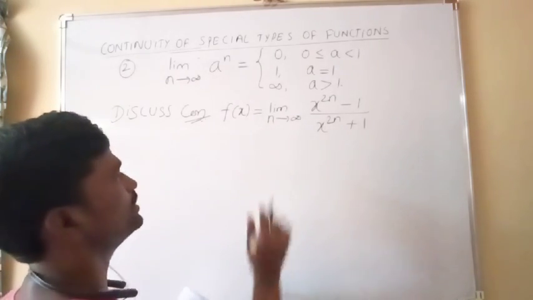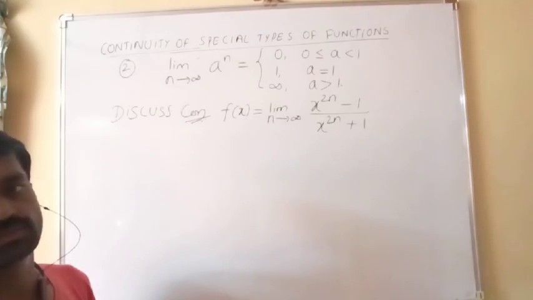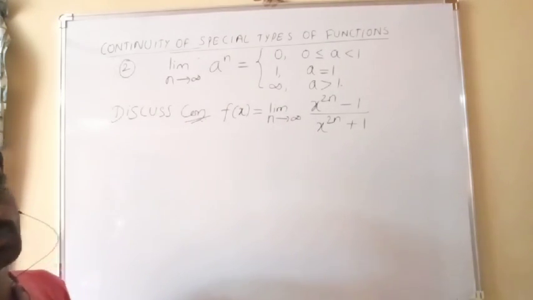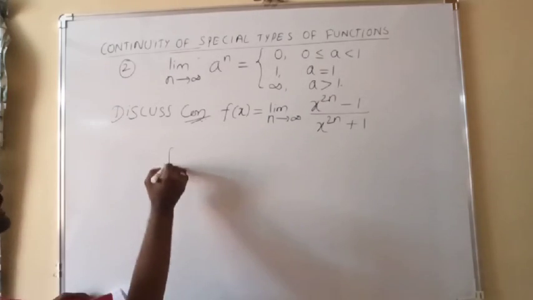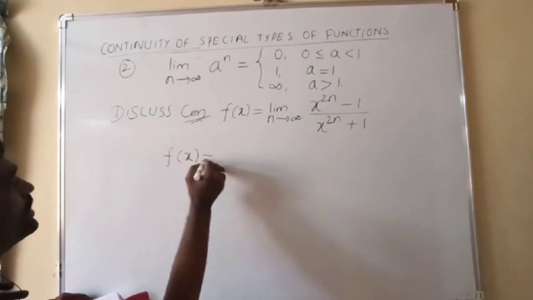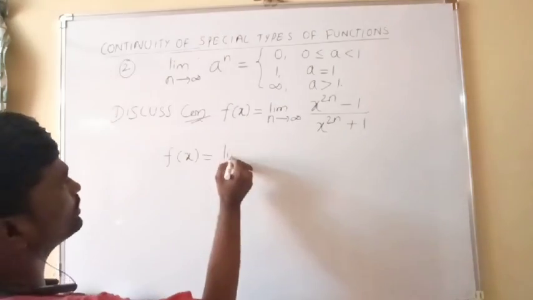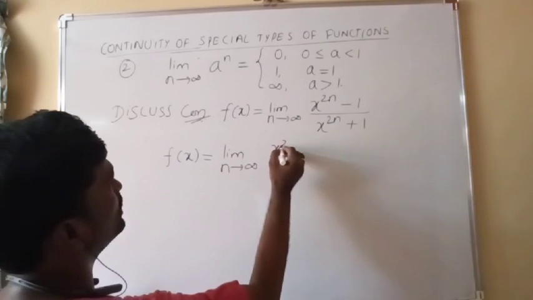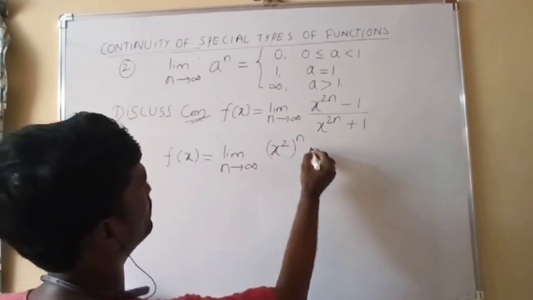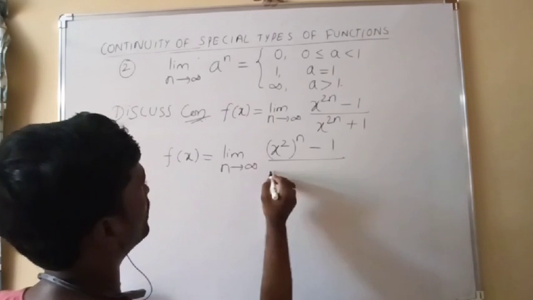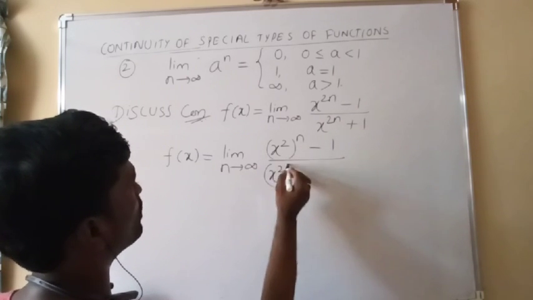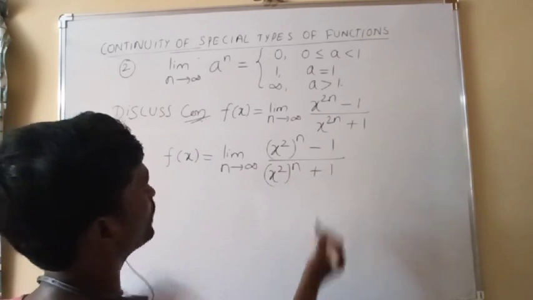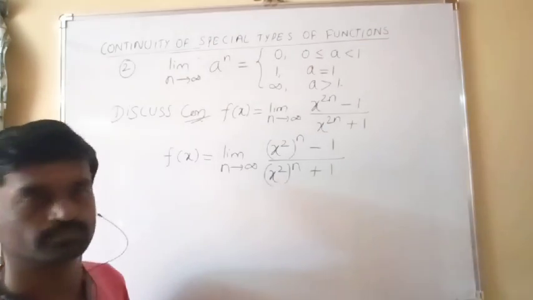In this definition of f of x, x power 2n is given, so I am adjusting that x power 2n as (x square) whole power n, minus 1, divided by the denominator x power 2n, also (x square) whole power n, plus 1. So is it correct? Yeah.